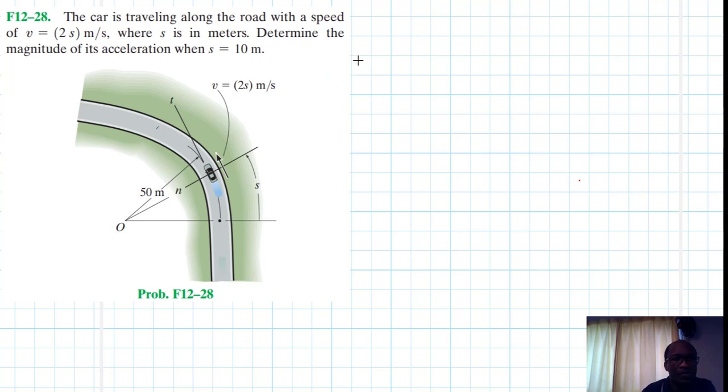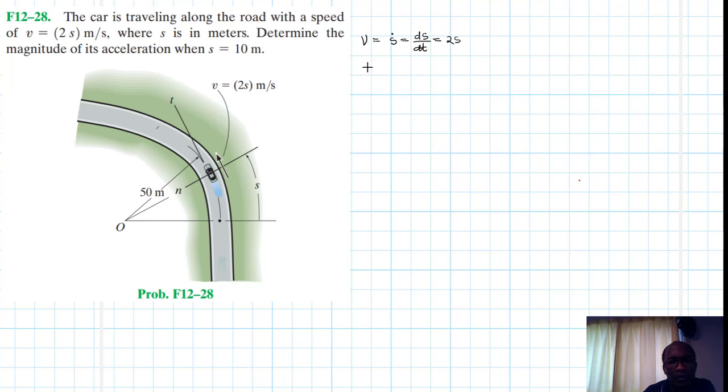So we have our velocity, which is being expressed as s dot, and this is equal to ds/dt, and we've been given 2s, where s is in meters.